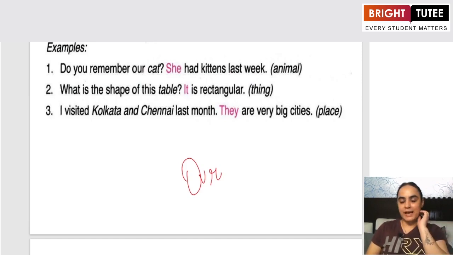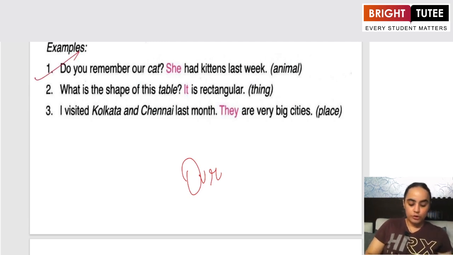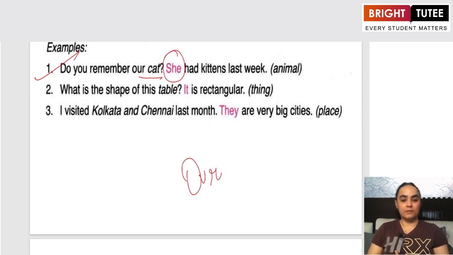For example, as it is given in your book, let us read them. Do you remember our cat? She had kittens last week. So I'm talking about the cat. And since she gave birth, we know that it is a she. So I use the pronoun she for the cat. What is the shape of this table?